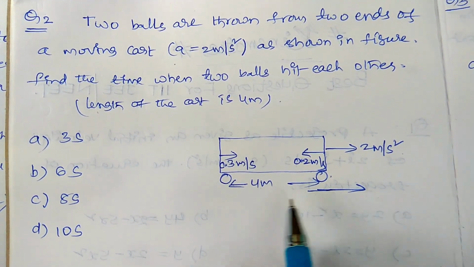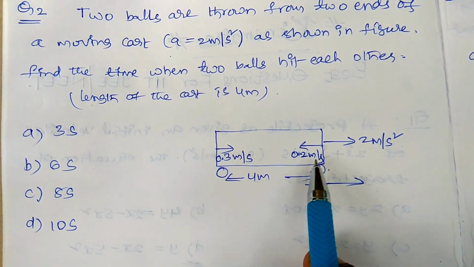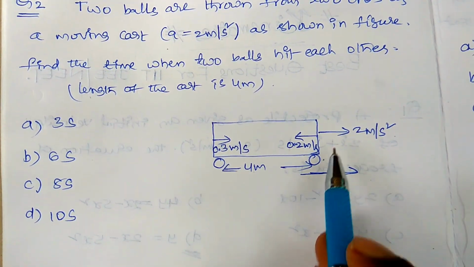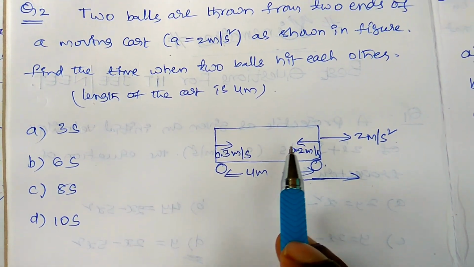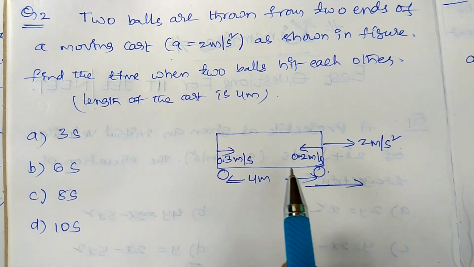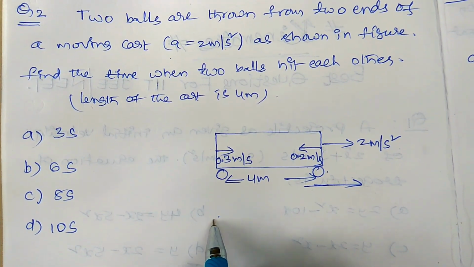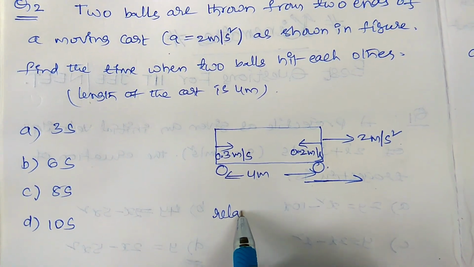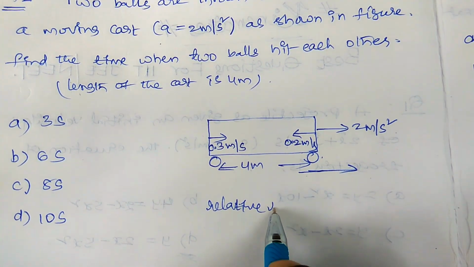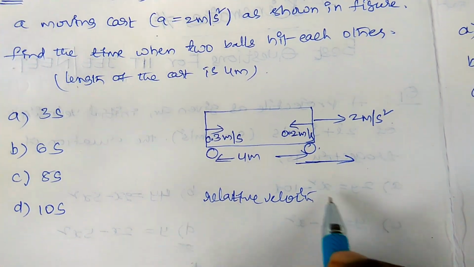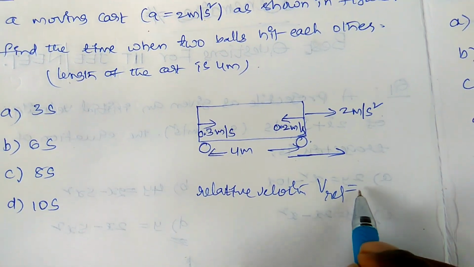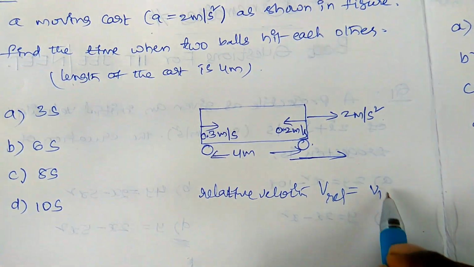So here we need to understand that the two balls are in the same cart, so they are moving in the same cart. Hence the relative velocity, v relative, is equal to v1 plus v2.